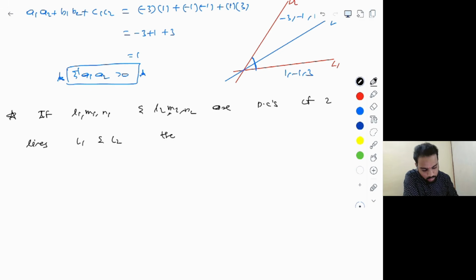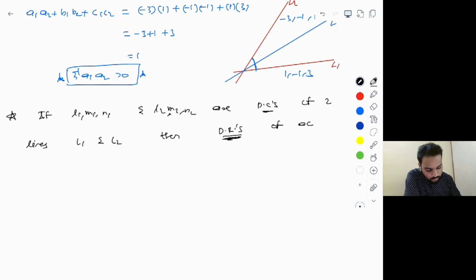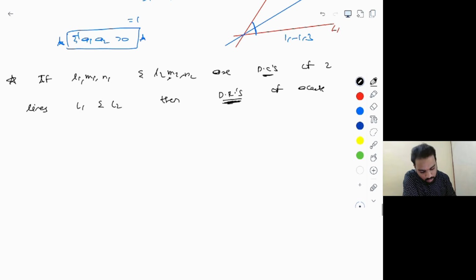Then the DRs, again be very careful, here DRs, here DCs, of the acute angle bisector can be taken as l1 plus l2, m1 plus m2, n1 plus n2. Okay, and this is a standard property, right?